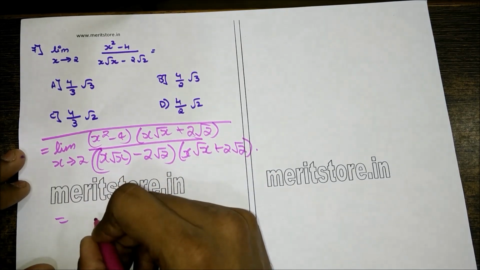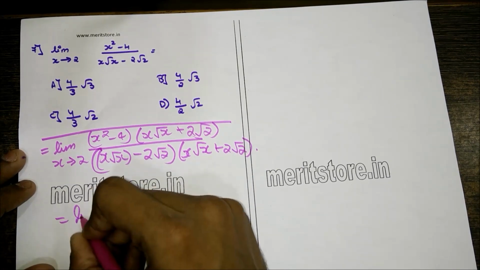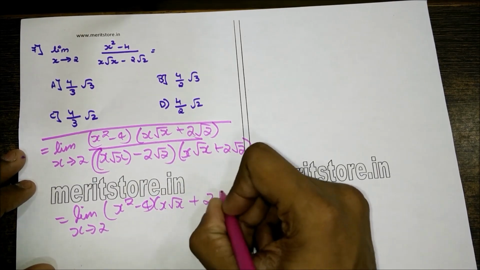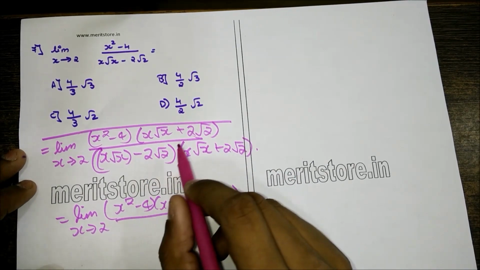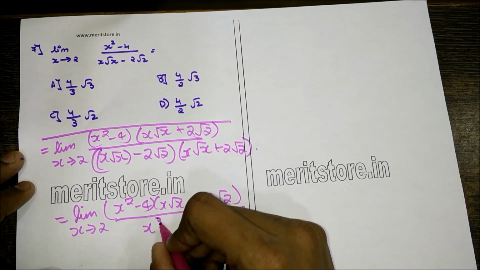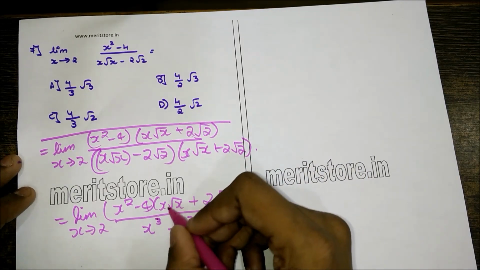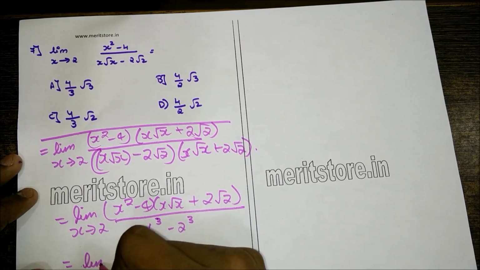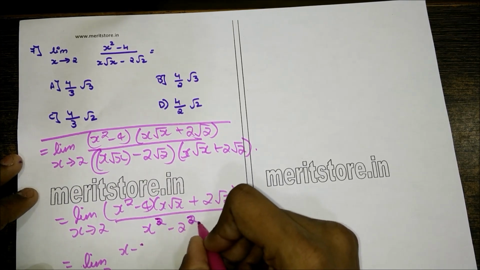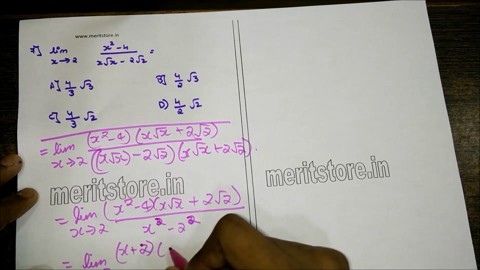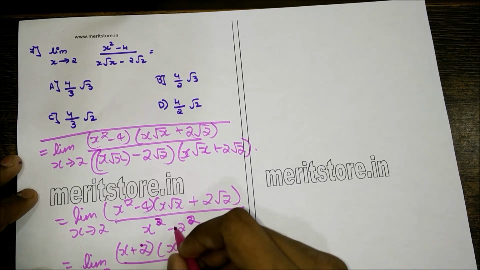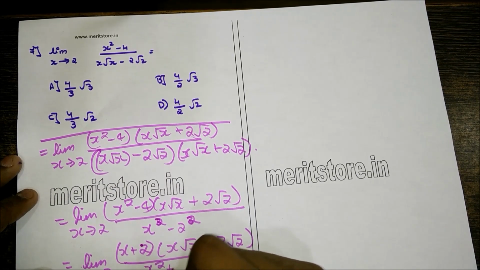Now we'll multiply these terms, giving us limit of x tends to 2 of (x square minus 4)(x root x plus 2 root 2) upon, this is in the form of a square minus b square, then x cube minus 8, upon x square plus 2x plus 4.